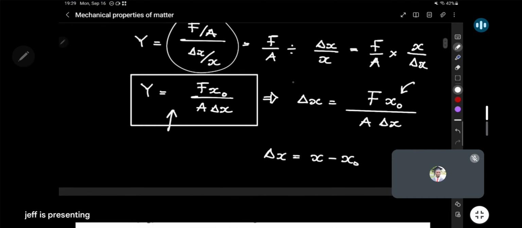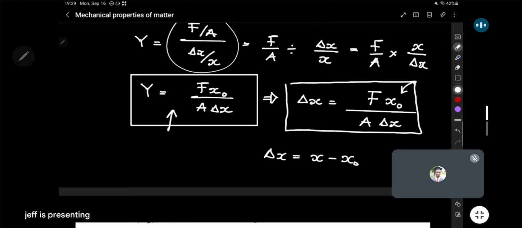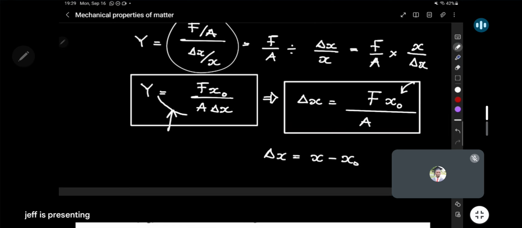And in some cases, as we pointed out, the elongation or the extension can be made subject of the formula. In this case, what comes here will be the Young's modulus, since this will multiply down here while the extension will multiply to go up. So when you make change in x the subject, the Young's modulus is what will show up in the denominator.